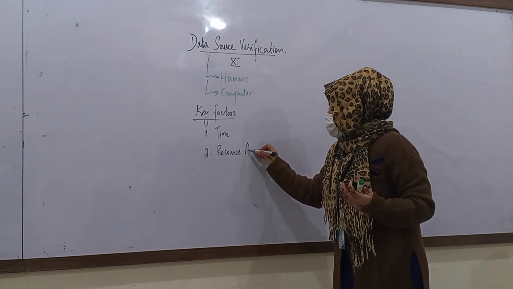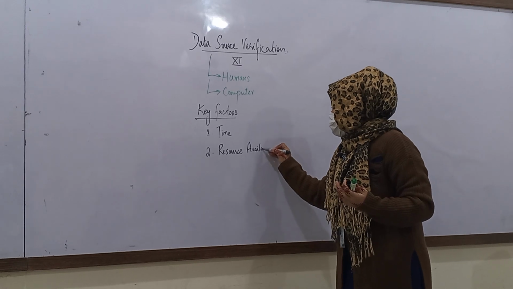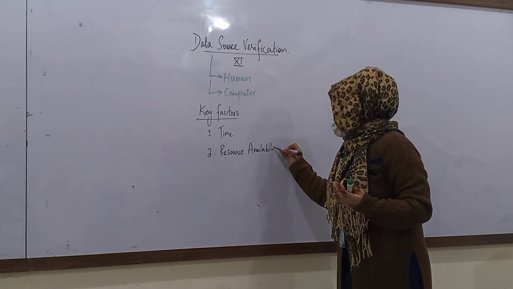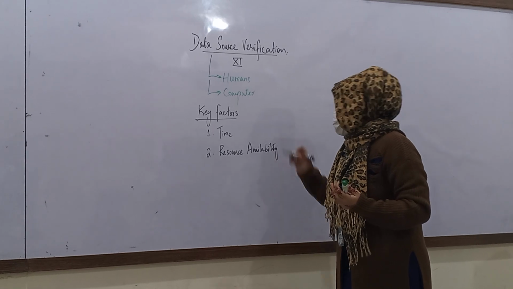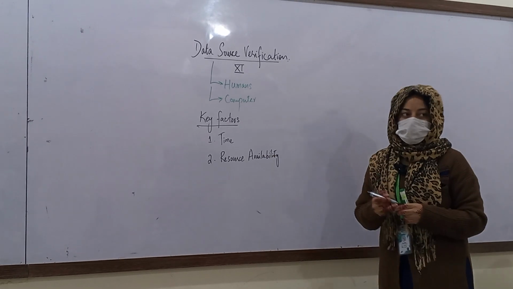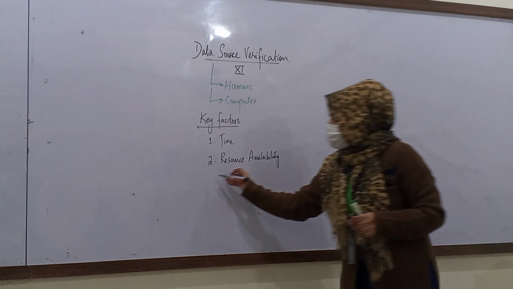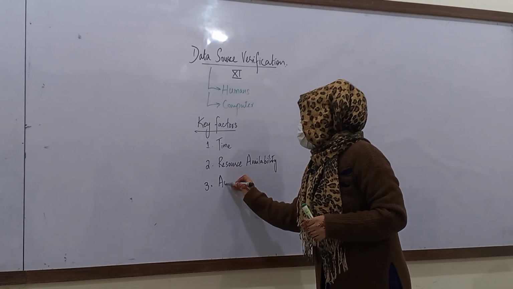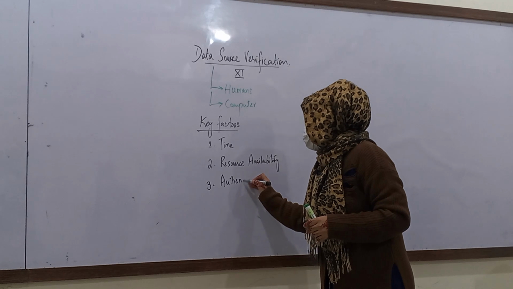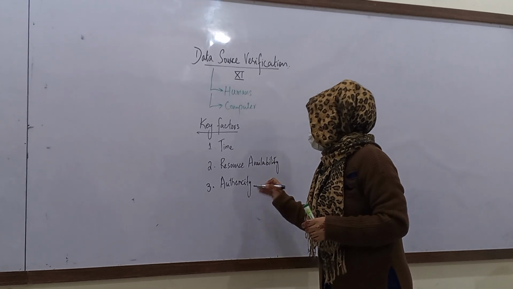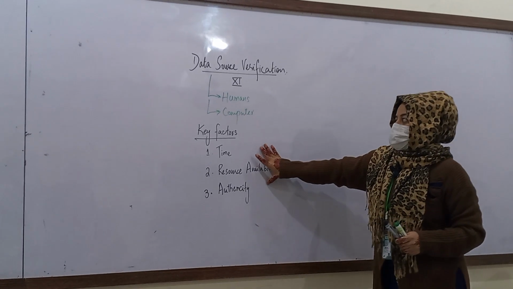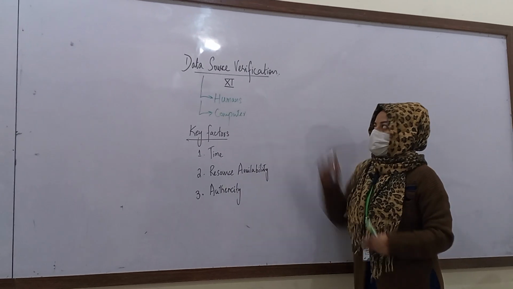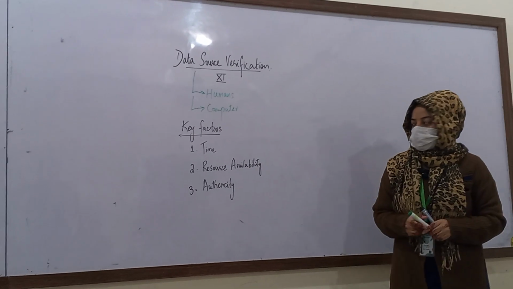What are the actual resources? That is one of the factors on which our selection depends, right? And the third key factor is authenticity. Depending on these key factors, we have to choose among humans or computers for verifying our data sources.